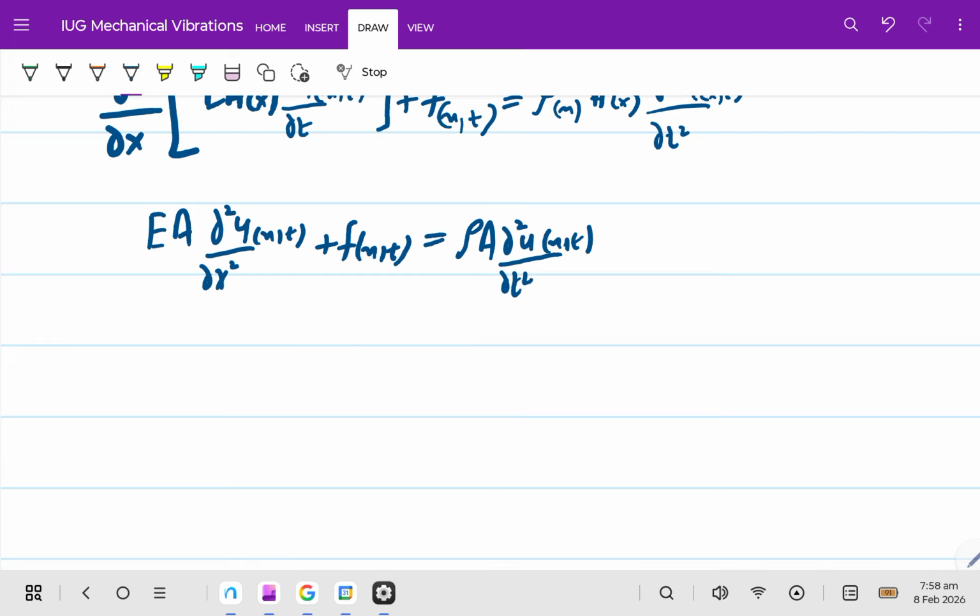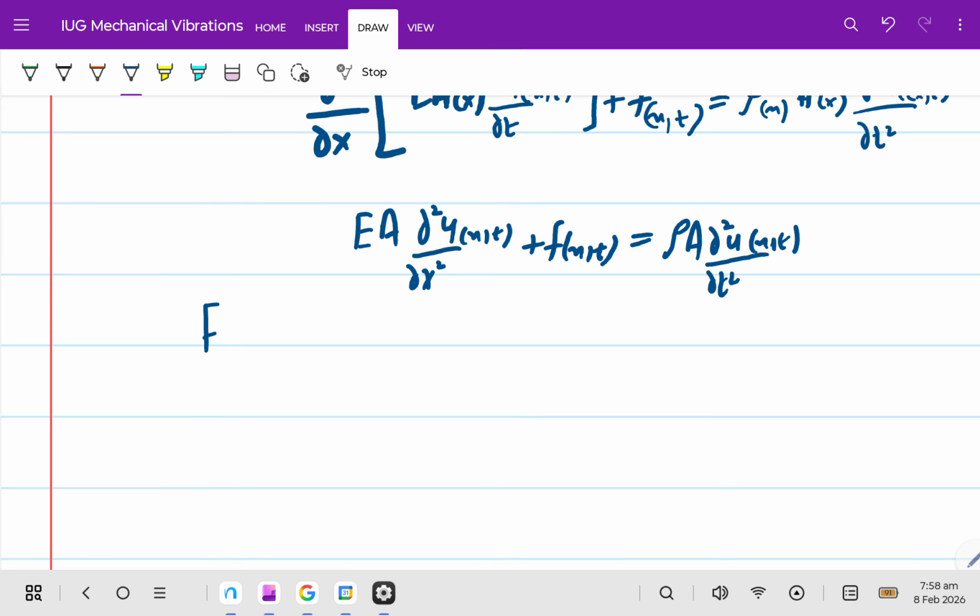So you see, we are going toward a similar pattern to what we did in the vibrating strings. We are moving towards what you call the wave equation. Since we are trying to analyze free vibration, f(x,t) would be equal to 0.